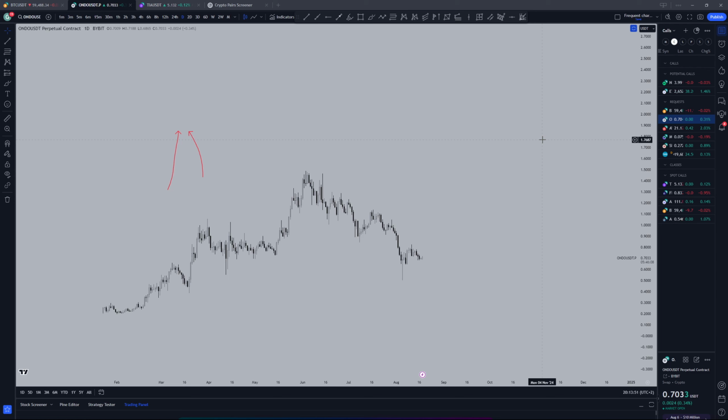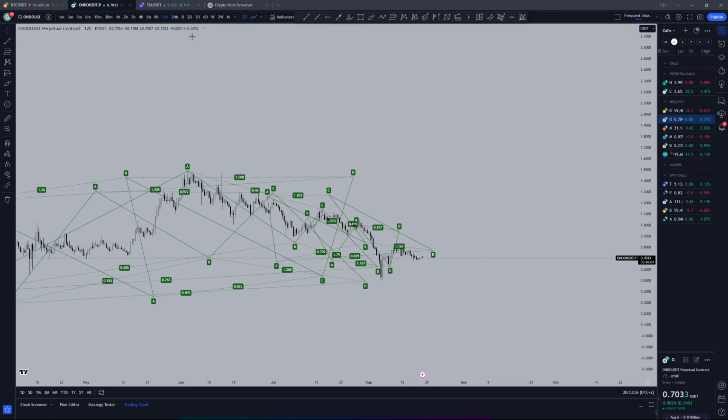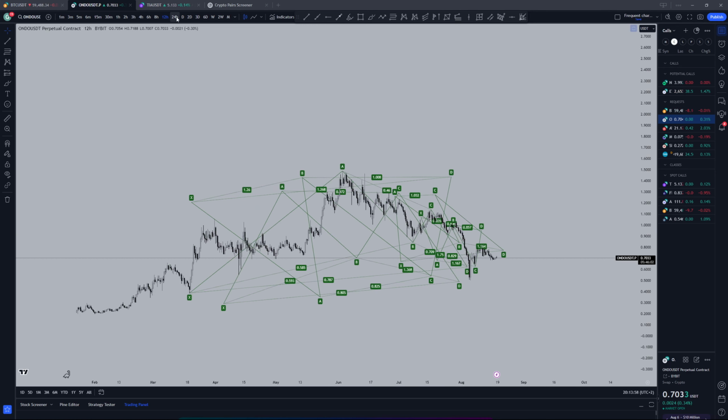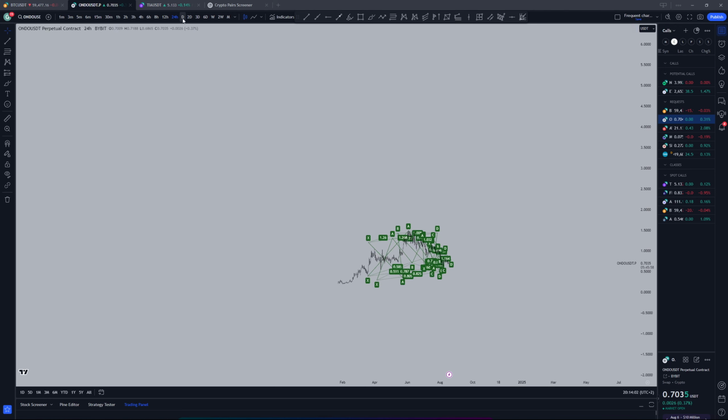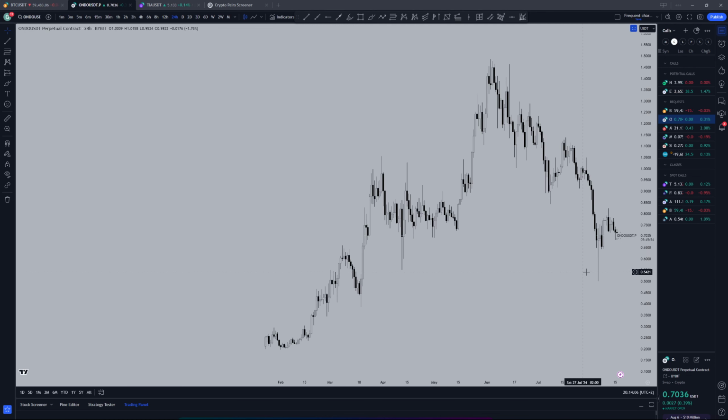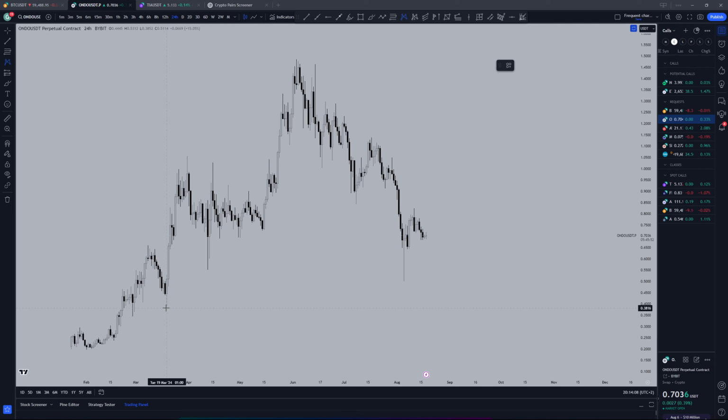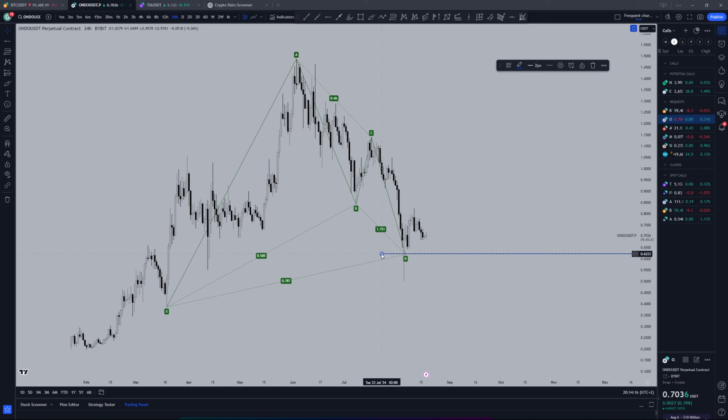So I can zoom out whatever I want. So that really helps with clarity. Because that way, if I want to zoom out and not get caught in all of this chaos, I just go on the daily and it's gone. So with that being said, we have kind of Gartley to deep Gartley structure over here on this 786.